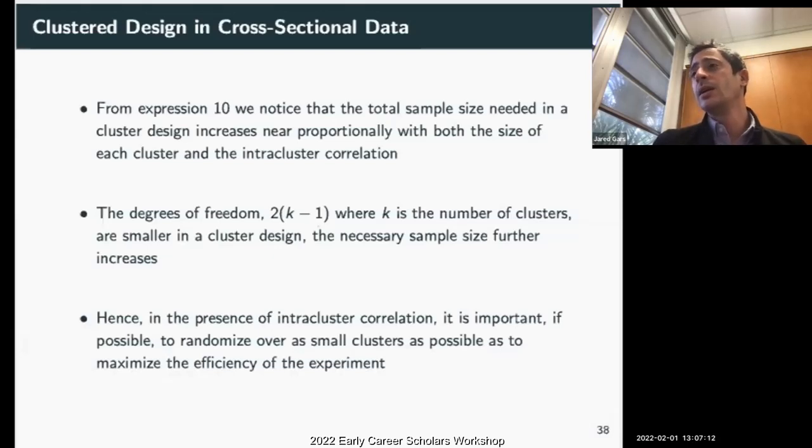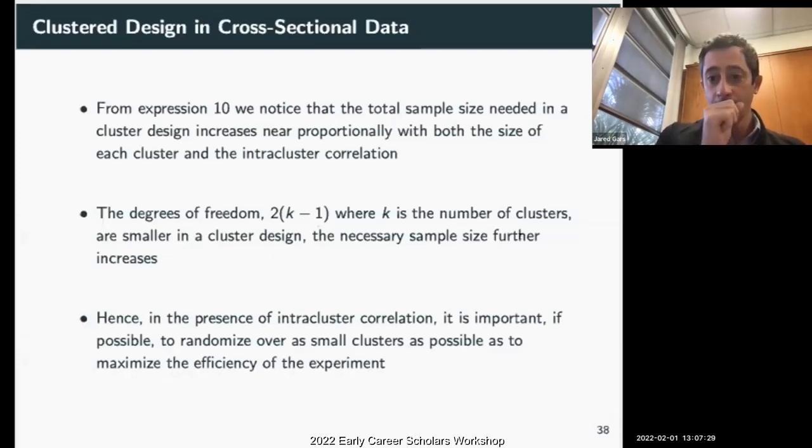So if you're going to compare A and B, B and C, and A and C, then yeah, the optimal allocation is going to be 1/3, 1/3, 1/3. That's going to minimize your minimum detectable effect.